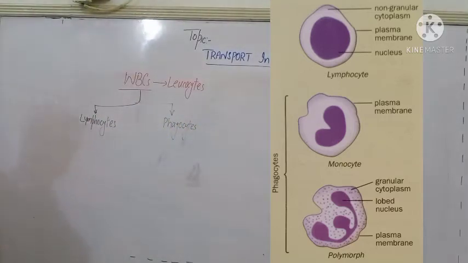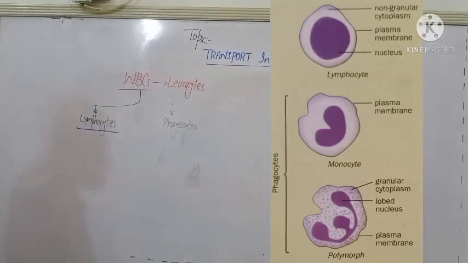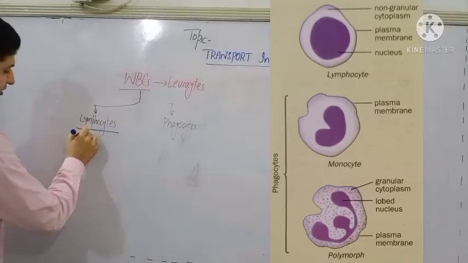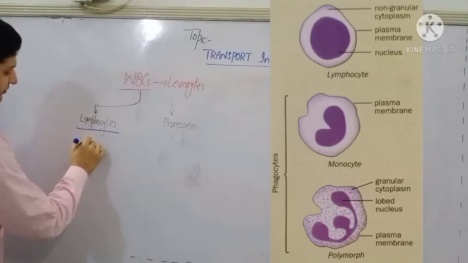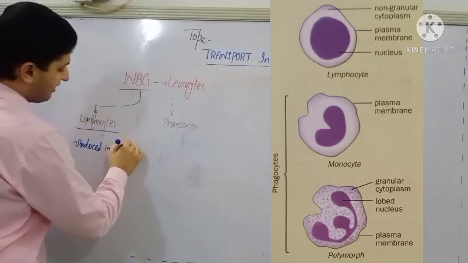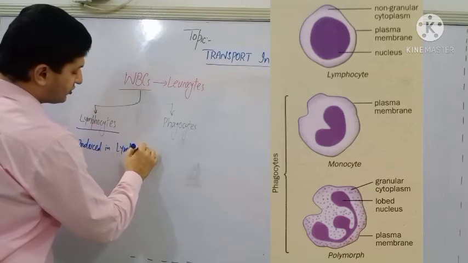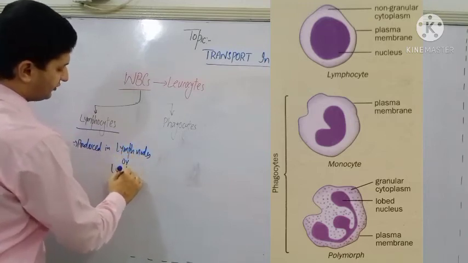Lymphocytes and phagocytes. Lymphocytes are the white blood cells which are produced in the lymph nodes or lymph tissues.